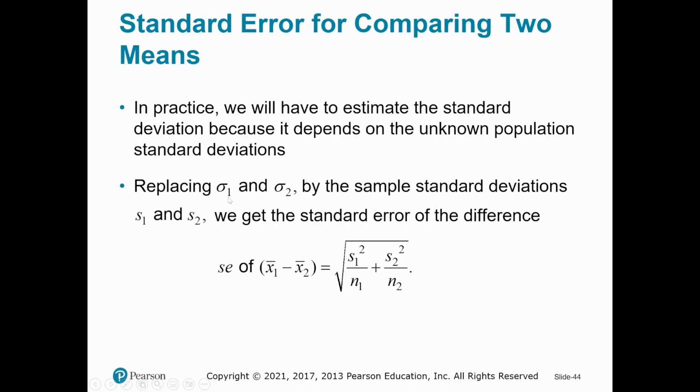Replacing sigma sub 1 and sigma sub 2 by the sample standard deviations, S sub 1 and S sub 2, we get the standard error of the difference of the sample means. And even though this is a minus sign, this has to be a plus sign. So this is a correct slide completely.